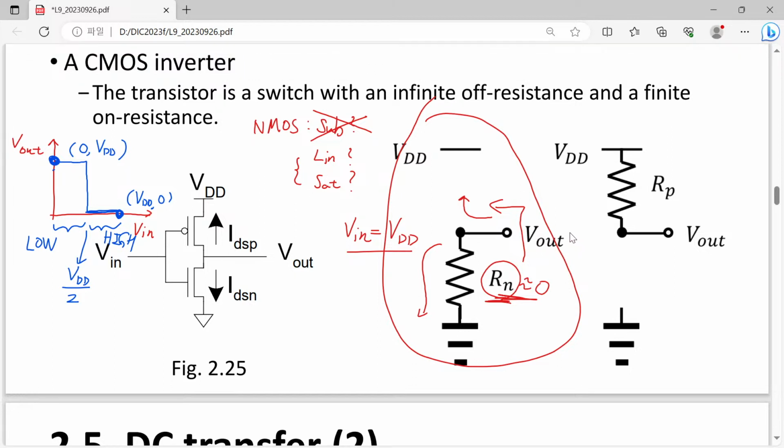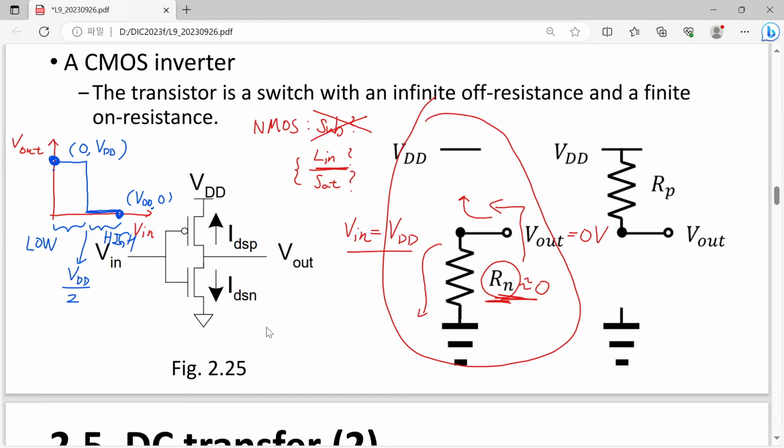In this case, Vout is also close to 0 volt. Then what is your answer? Gate is VDD and drain is 0 volt, so the device is in saturation mode.